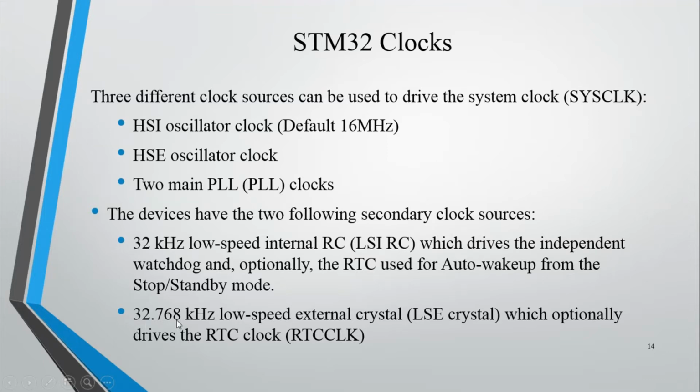So if you want to run the RTC using a low speed external crystal, you will use a crystal of this frequency. This source is known as LSE, low speed external crystal, and LSI stands for low speed internal RC.